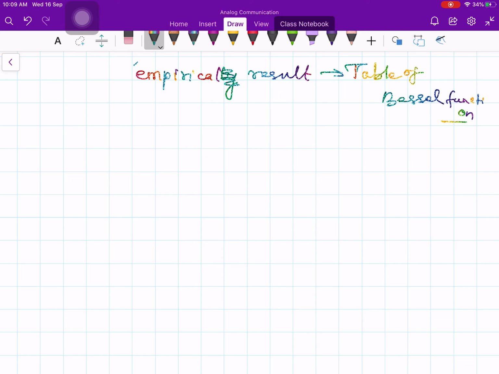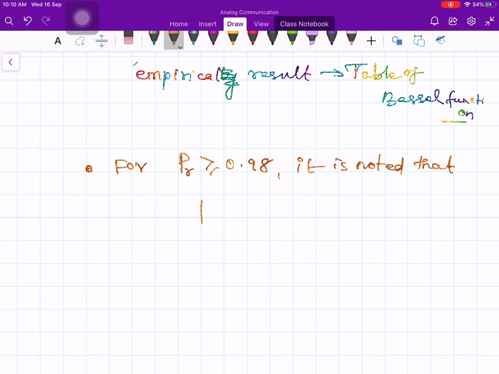Okay, so let me write down this point. For the power ratio PR greater than or equal to 0.98, it is noted that k is equal to the integer part of beta plus 1.